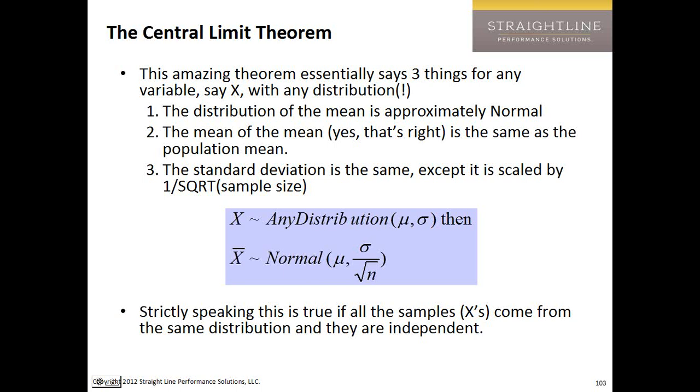And not only that, that distribution of the sample averages will be normal with the same mean as the underlying population, and this is the kicker, the spread on those averages will decrease by the square root of n, just as our margin of error did. So it's very similar. They're all related.